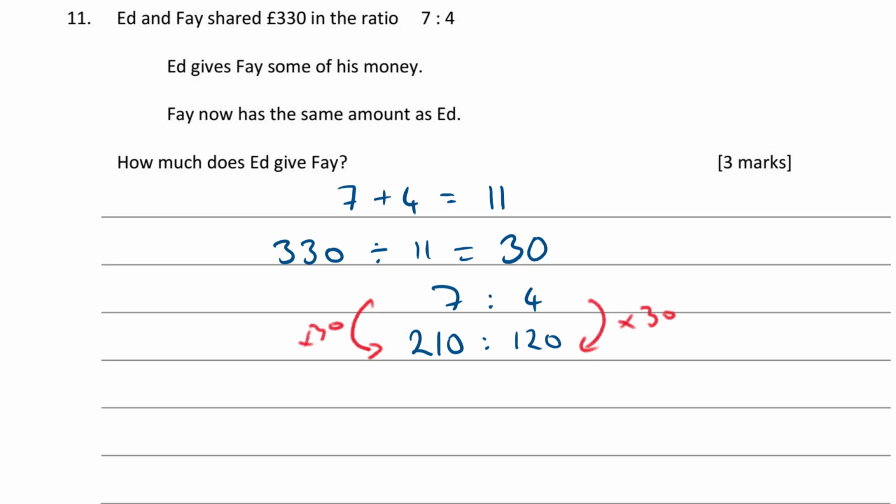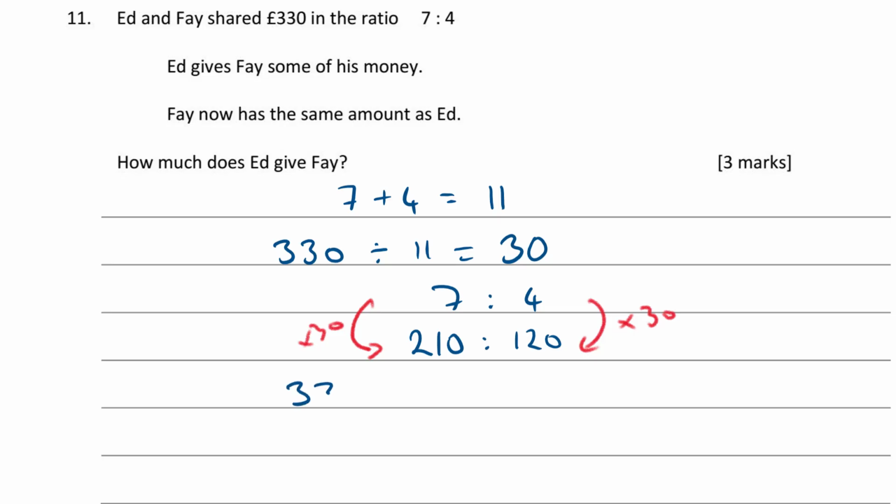And then it says Ed gives Faye some of his money. Now Faye has as much as Ed does. Okay. Well, half of £330 is 165. So they're both going to end up with £165 then if they're going to have the same amount each. So what's the difference between 210 and 165?